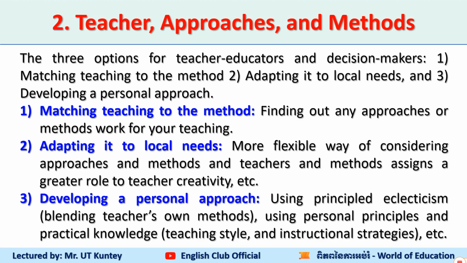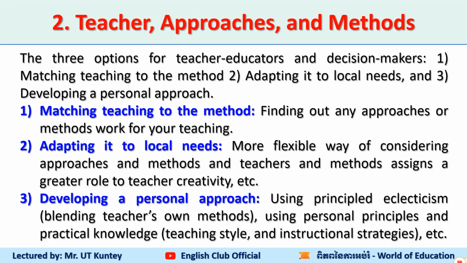And number 2, adapting it to the local needs. It means you have to be flexible in considering approaches and methods. The teacher has to assign a greater role to the students. The teacher has to be flexible and creative in the class. For example, you assign students to work in groups.